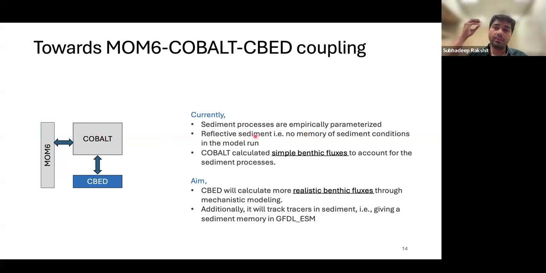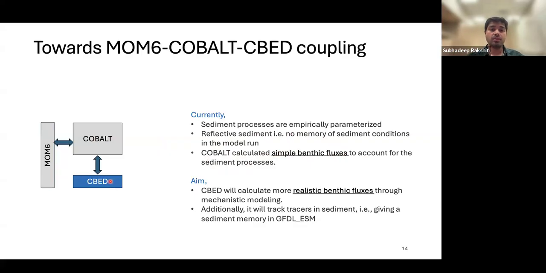That means whenever organic matter reaches the seafloor, it instantaneously transforms into a remineralized form and gives instantaneous feedback to the bottom water. So there is no memory of the sediment in the GFDL ESM system. What COBALT essentially does is calculate simple benthic fluxes to account for the sediment processes.